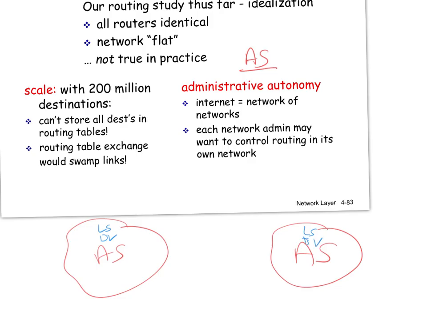Theoretically I can apply both. Okay? But the route updates will not go beyond that boundary, will not cross from one autonomous system to another autonomous system. Okay? So each autonomous system will have what we call a border gateway.